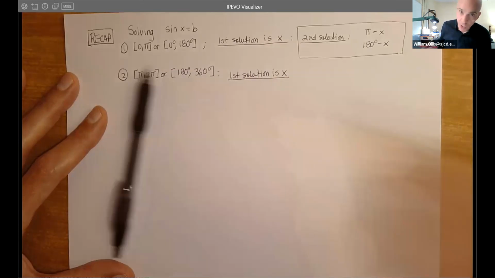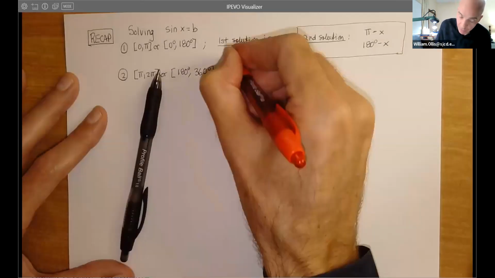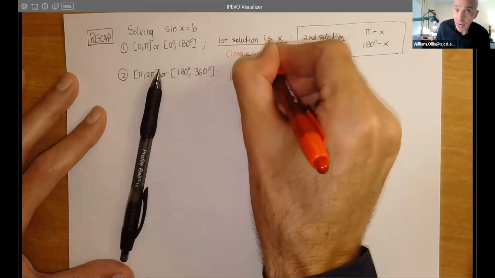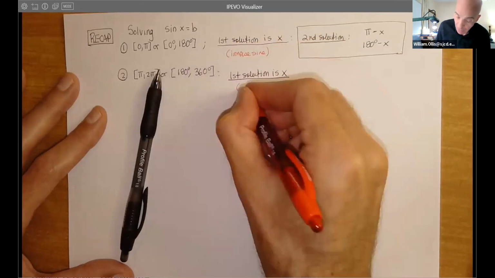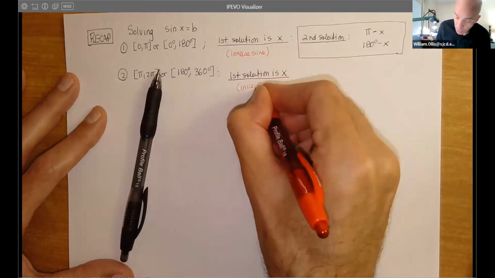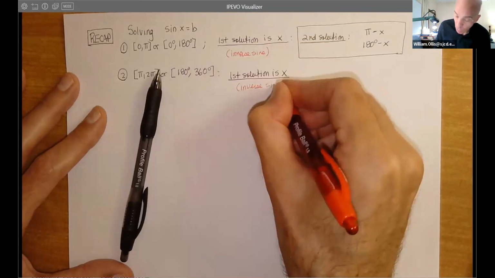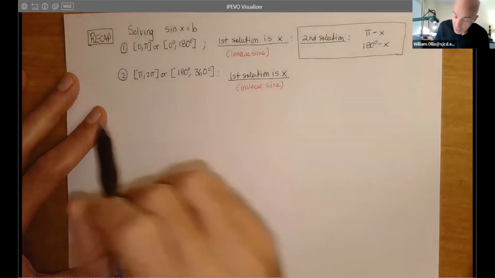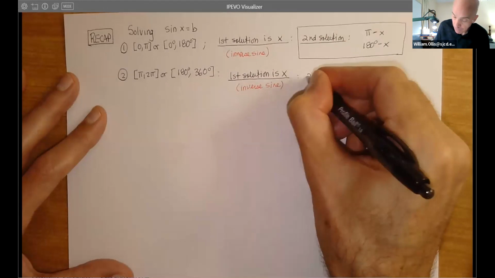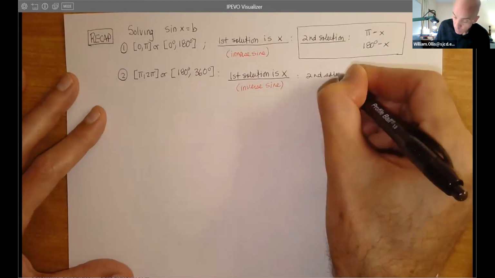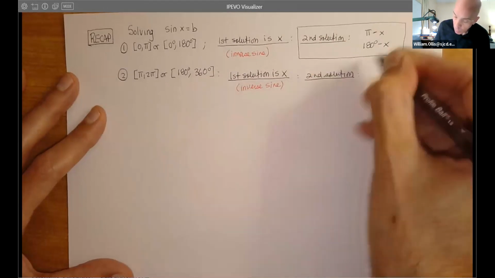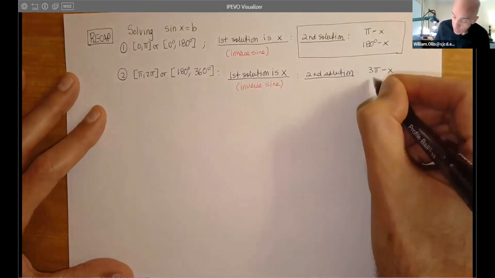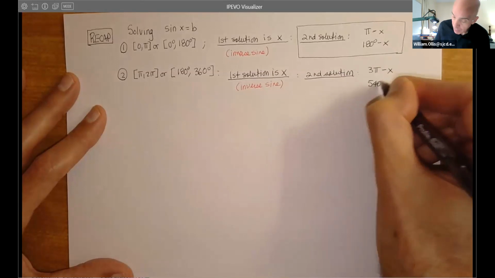The first solution is the one you figure out with inverse sine. This is the inverse sine solution, and then corrected to the correct quadrant, that is, if we want it to live in a positive realm like we have here. And then the second solution, as we just proved, will be 3 pi minus x, or 540 degrees minus x.